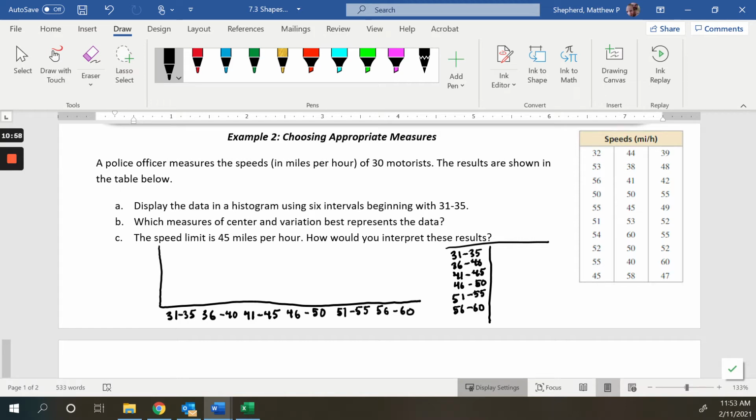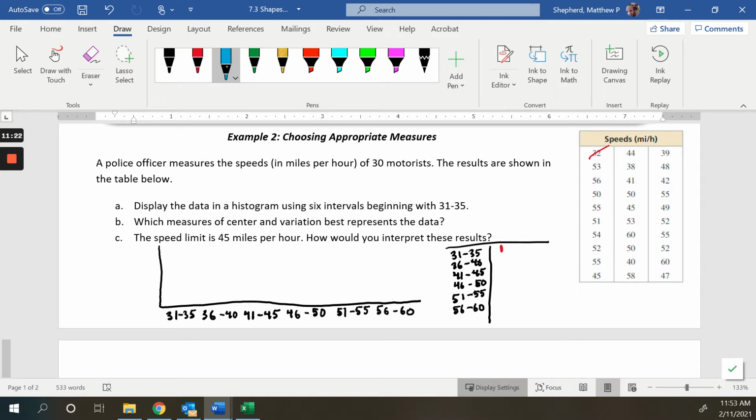And what I'm going to do to start filling it in is counting how many numbers exist in each one. So for 31 through 35, let's see, we've got the 32. And that looks about it. So there was only one for 31 through 35.